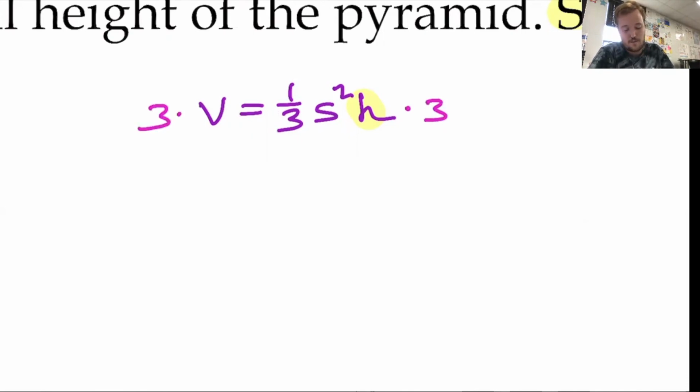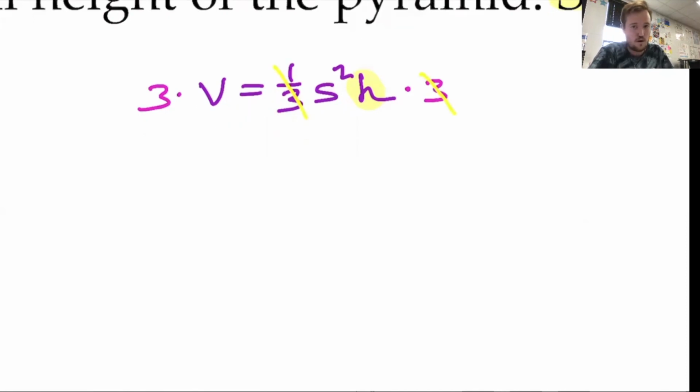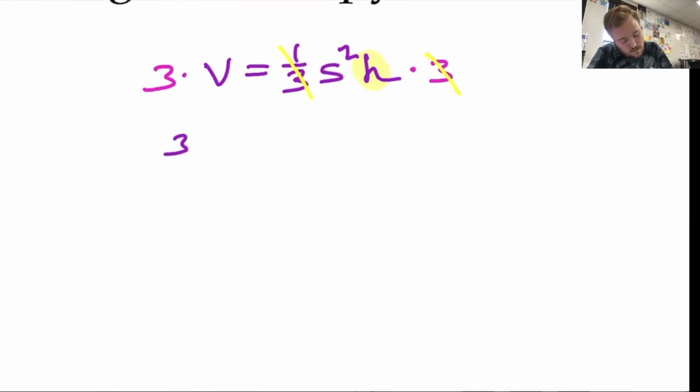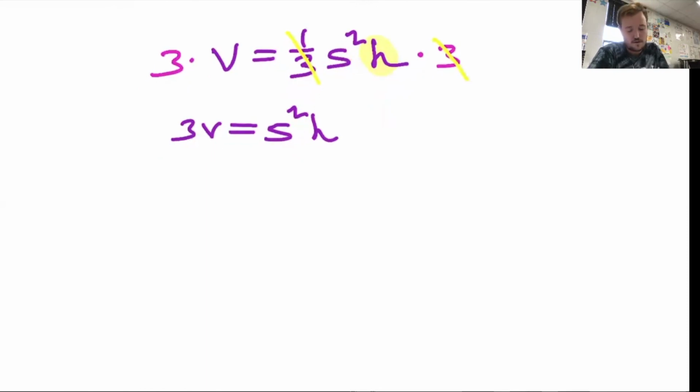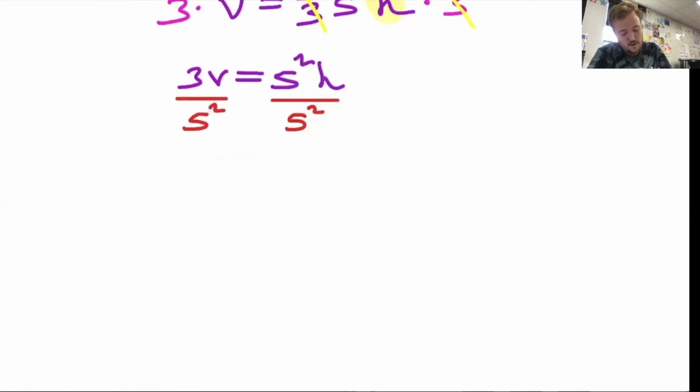When I multiply by 3, the 1/3 and the 3 simplify to 1. So you have 3v equals s squared times h. You still need to get that h by itself. So I'm going to divide by s squared. Now these values will simplify.